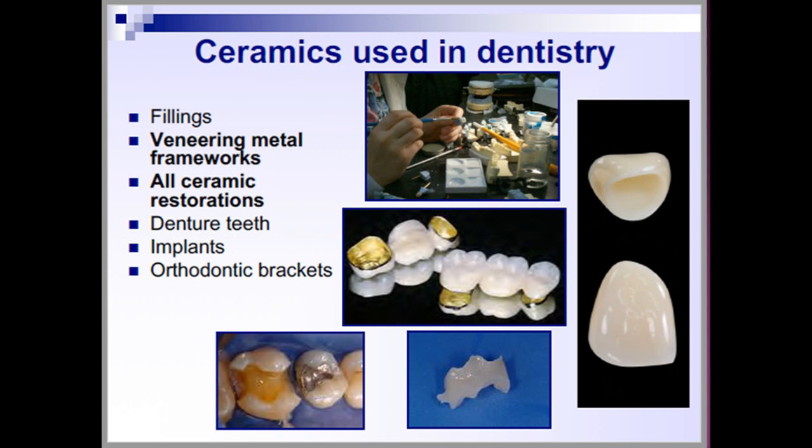To rebuild that, we take support from the canal of the tooth by inserting what is known as a post, which is a kind of pillar that will be cemented into the canal of the tooth.